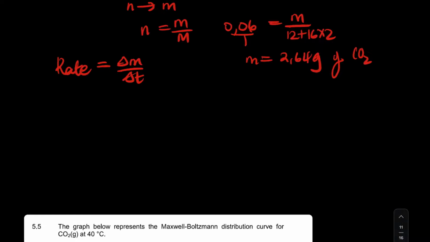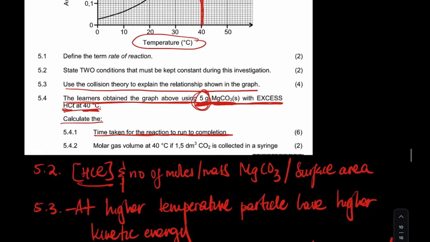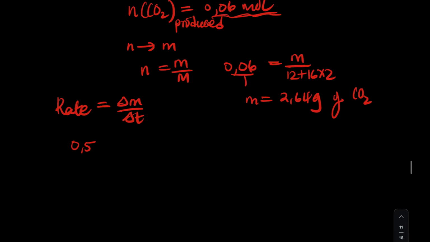So now what we're going to do, we're looking for time. We have the rate at 0.5. Allow me to put the units, even though it's not necessary to put them. It's gram per minute.